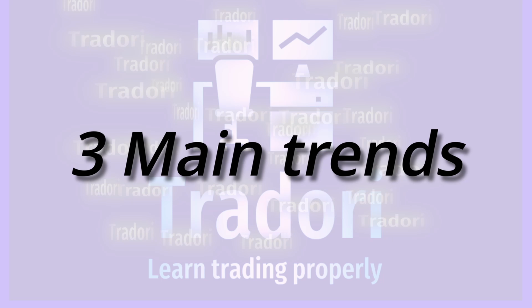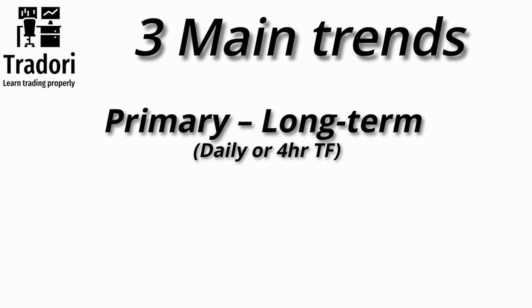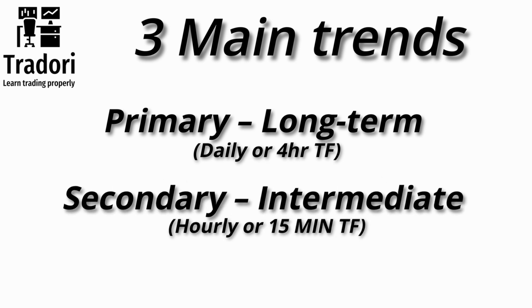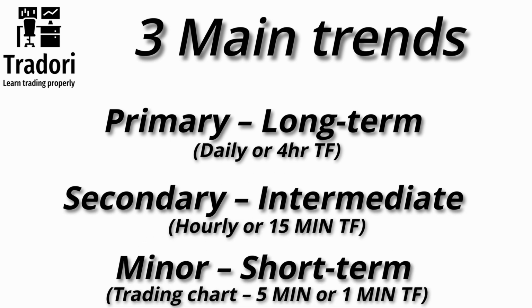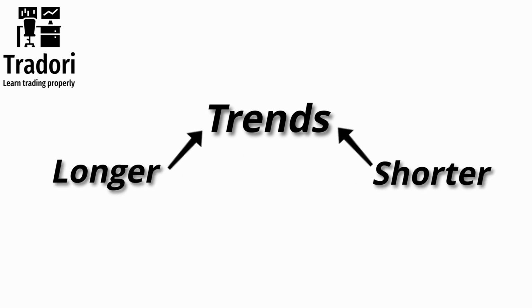Therefore, you have to identify three main trends: primary, long-term, daily or 4 hour time frames; secondary, intermediate, hourly or 15 minute time frames; and minor, short term, which is the trading chart, 5 minute time frame or 1 minute time frame.